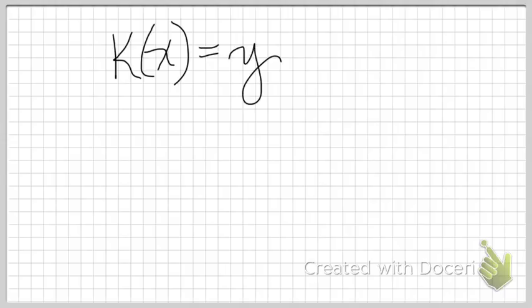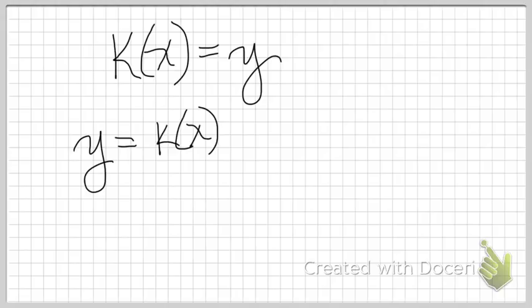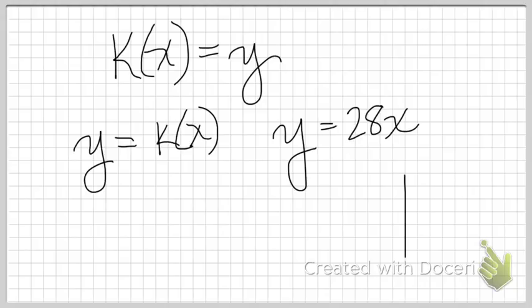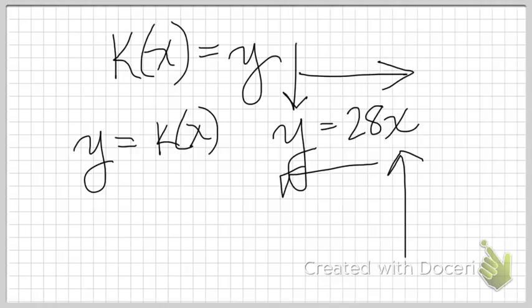So you can plug in any value here. For example, in our situation, let's flip this around so we have the y here. So y equals kx. And in our case, for mom's vehicle, we know that y equals 28x. We can plug in any value for x, and we can get y. We can plug in any value for y, and we can get x. That's what makes this so useful.